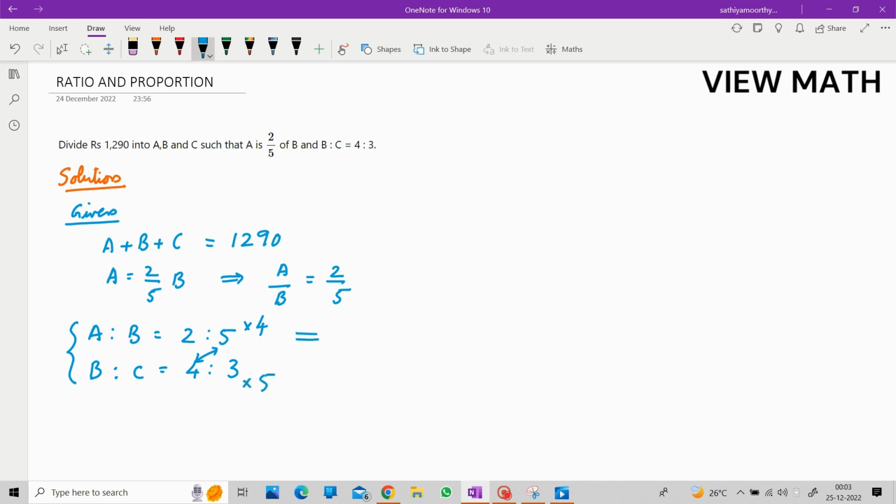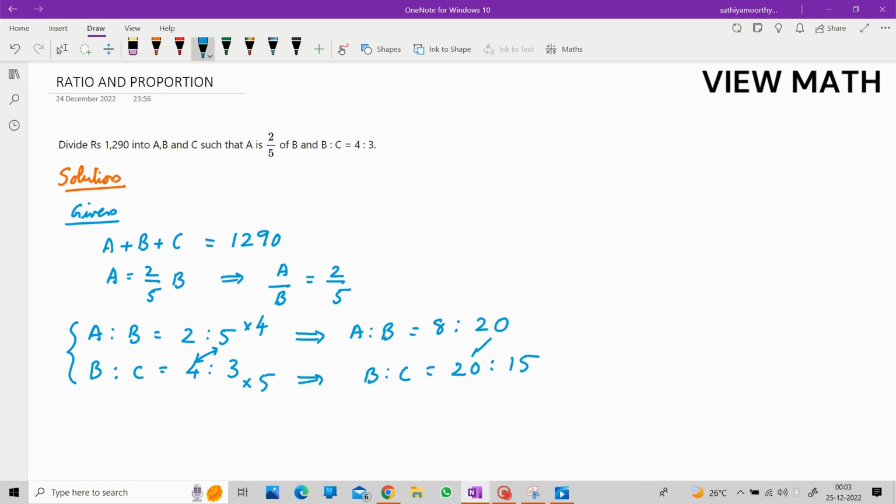So A is to B is equal to, multiplying by 4, 4 into 2 is 8 is to 5 into 4 is 20, and B is to C is equal to, multiplying by 5, 4 into 5 is 20 is to 3 into 5 is 15.